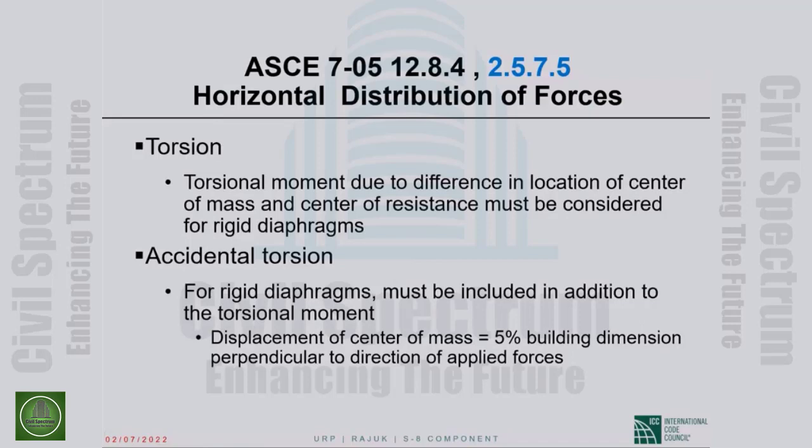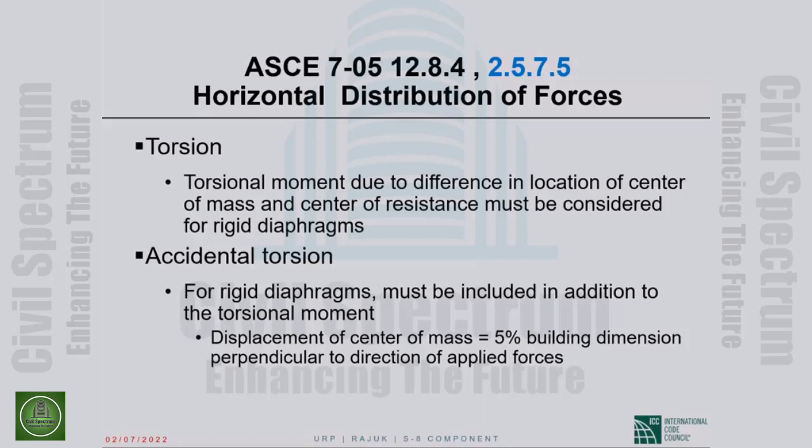So torsional moment due to difference in location of center of mass and center of rigidity must be considered for rigid diaphragms. Now, when the center of mass and the center of rigidity coincide and there is no actual torsion, which is now called inherent torsion, we still consider an accidental torsion if our diaphragm is rigid.